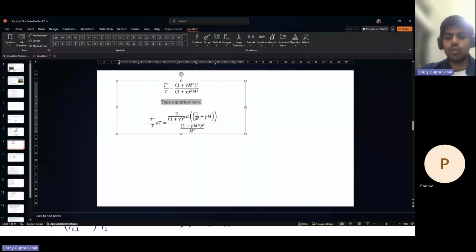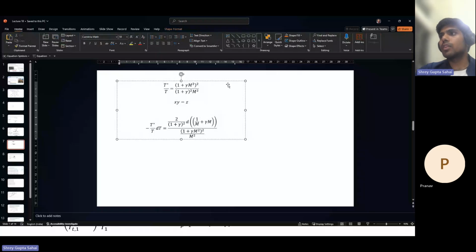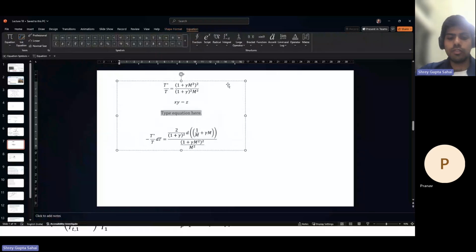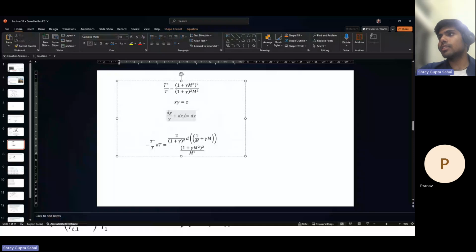For the benefit of people who maybe won't understand, if you have this expression, you simply get something of this sort: x dy plus y dx equals z dz. Now you differentiate this and divide the above equation by the second equation, so you'll get dy by y plus dx by x equals dz by z.